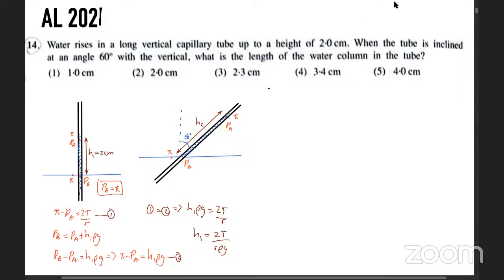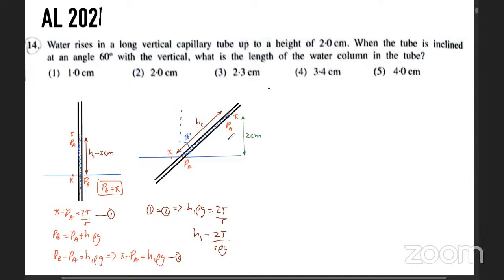So all we need to do is make sure this height is still what? We have to make sure this height is still 2 centimeters, because we didn't change any other parameters. The atmospheric pressure, the pressure here will not change because the meniscus will not change, people. To change the meniscus, you need to change the liquid and the surface.